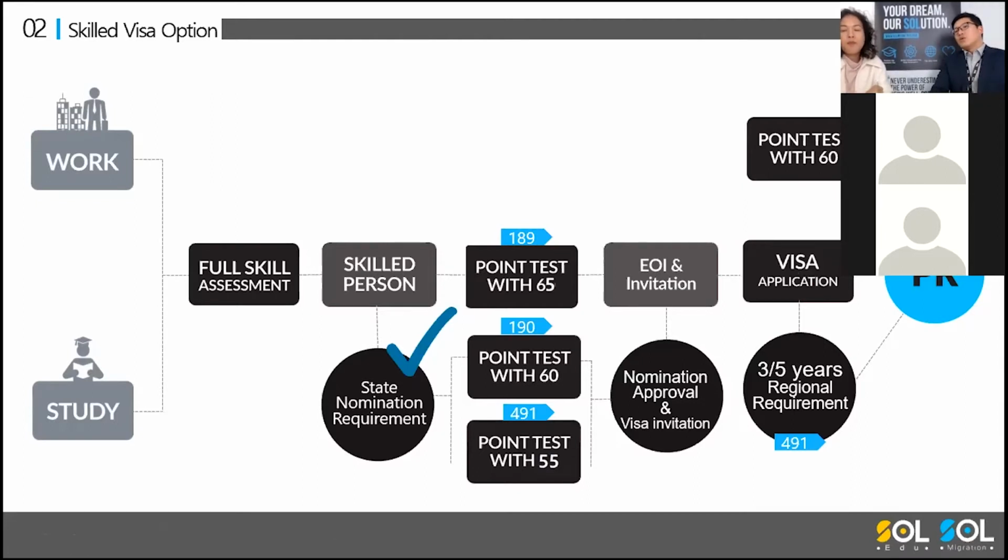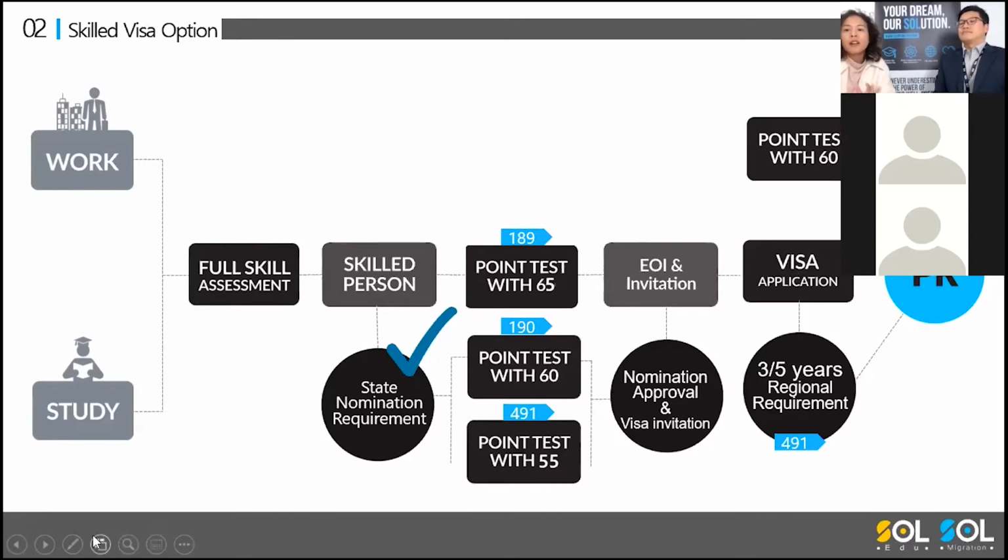Once you get the invitation, you must get nomination approval first, then go to the visa application. The 189 and 190 are permanent visas, but for the 190 you must reside in the state which approved your nomination. The 491 is a temporary visa. You will have 5 years, but you have to meet the 3 years regional requirement, then you can move on to the permanent visa.